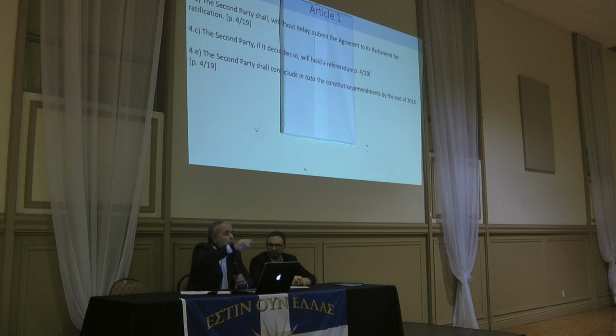Now, the next. We know that they should submit the agreement to the Parliament, so they did it for ratification. In fact, they proposed 3 modifications, but we will see it in January. I would just want to show you the 4C. You see, the 4C mentioned that the referendum was not an obligation. So you see, if it decides so, we'll hold a referendum.